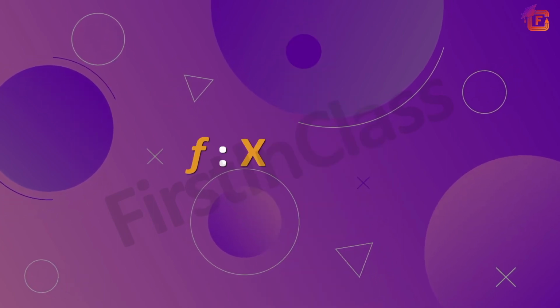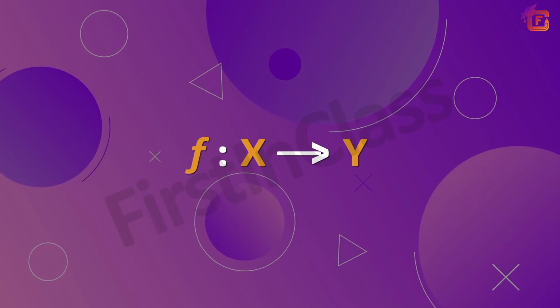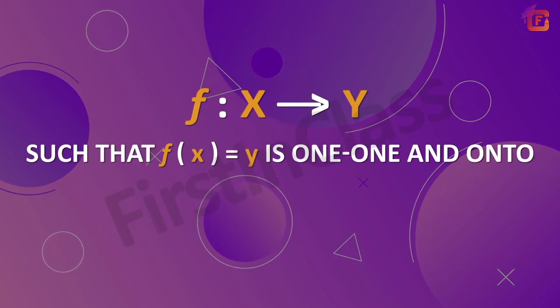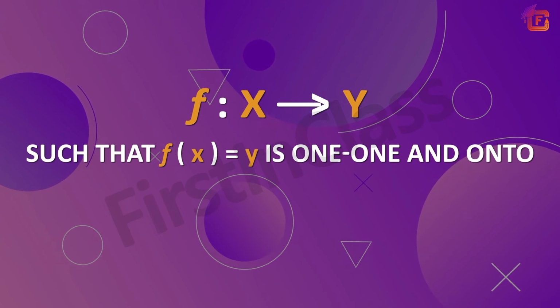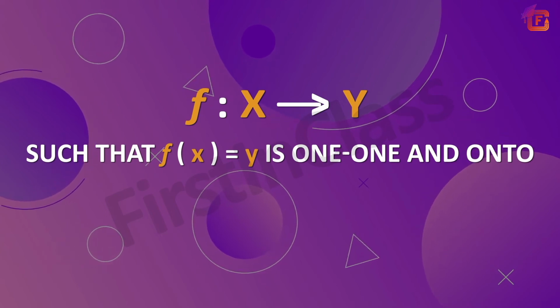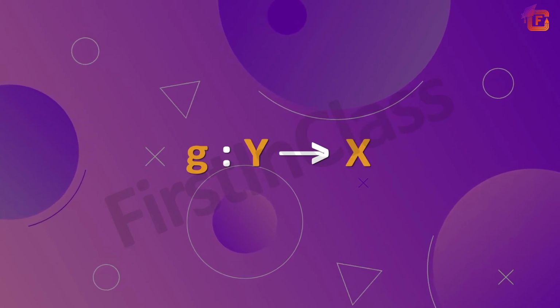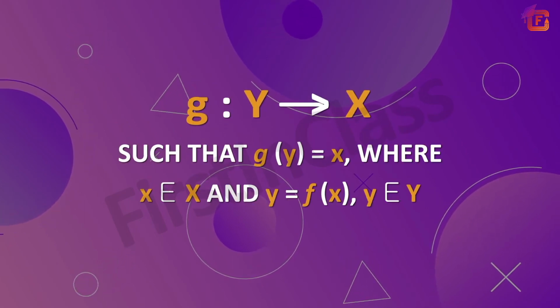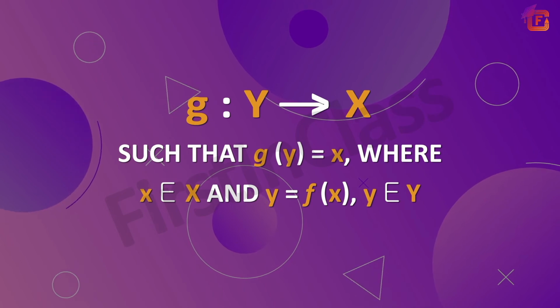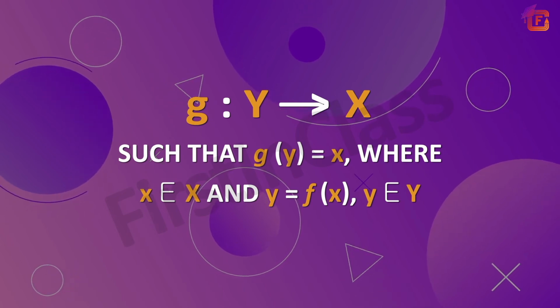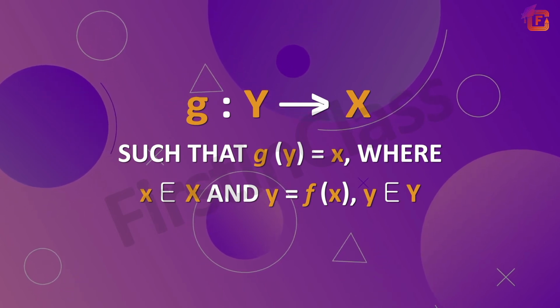Learners, we have also learned about functions and inverse functions. Let's recall them. If f is a function from set X to set Y, such that f(x) = y is one-one and onto, then we can define a unique function g from set Y to set X, such that g(y) = x, where x belongs to capital X and y = f(x).